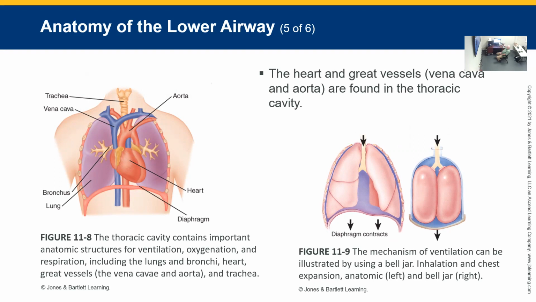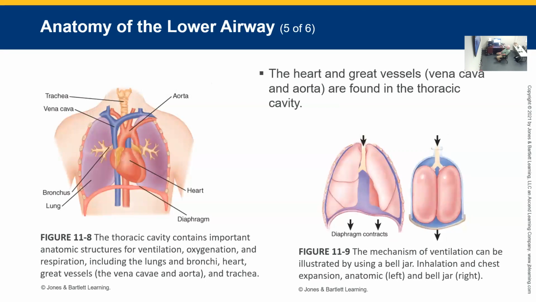Look at your vena cava, your aorta, your large arteries and veins. You've got the lung tissue itself, and the heart. The diaphragm is important; it's the main muscle for breathing.